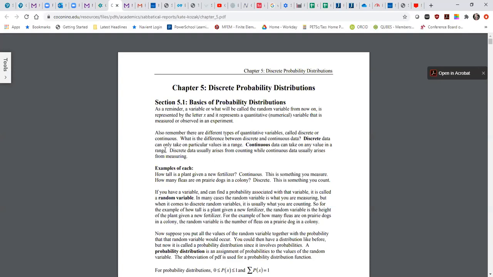Discrete data can only take on certain values in a range, and continuous data can take on any value in a range. Discrete usually arises from counting, while continuous data usually arises from measuring, right?